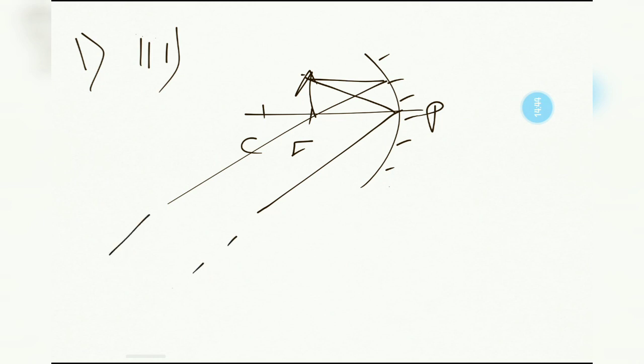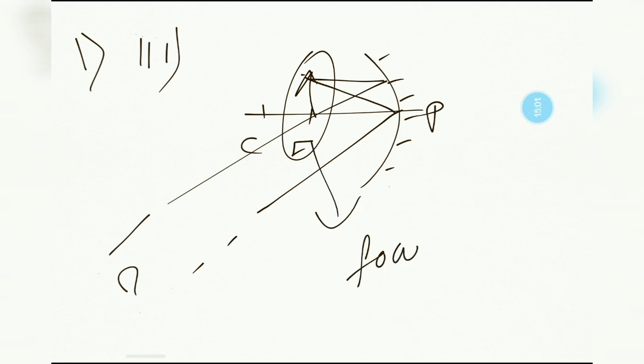Now these two lines never meet, and obviously the image is going to be formed at infinity and it's going to be highly enlarged. So where should the object be placed to get the image at infinity? It is at the focus. He has given the diagram very clearly. So focus, option D.